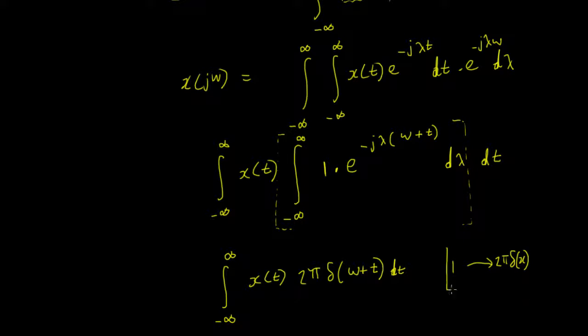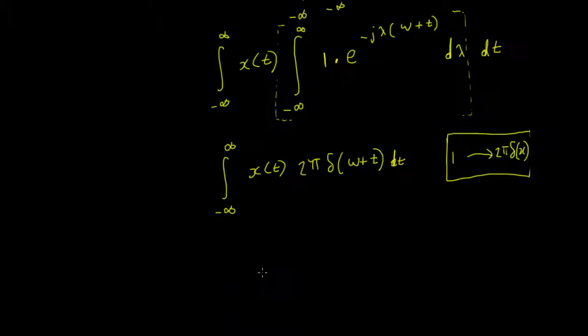So if you just remember this, to get that Fourier transform you just did 1 times e to the minus j, whatever the value was. That gives us this here.